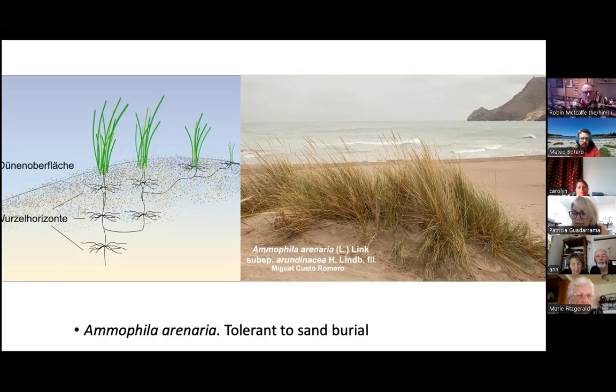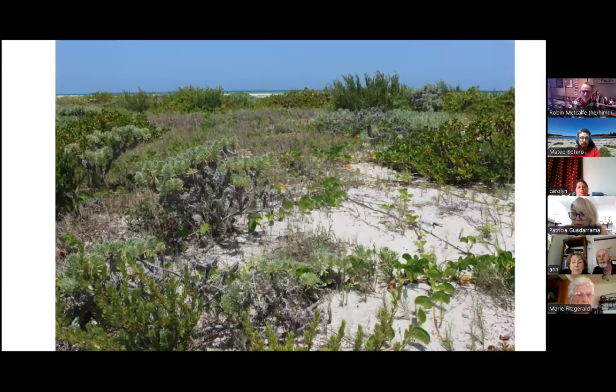Some plants can survive after being buried by sand, like this grass species, no? Ammophila arenaria. Therefore, these are resilient ecosystems. They have the ability to recover after a hurricane or a storm.